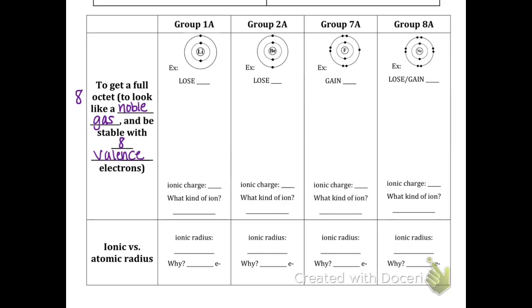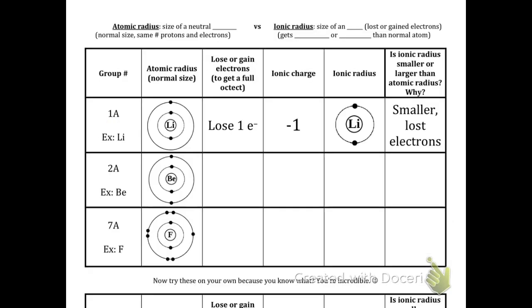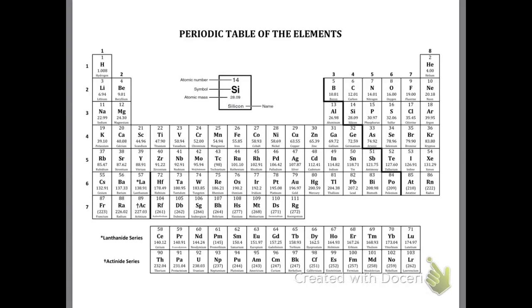Okay, so in order to properly draw the picture, I'm going to draw it on the next page, and then we're going to come back to this page and write up the quick summary. So, on this page right here, you have an example, lithium. It's in the first column, so that's an alkali metal. If you look up lithium on the periodic table, you can see that lithium has 3 protons.